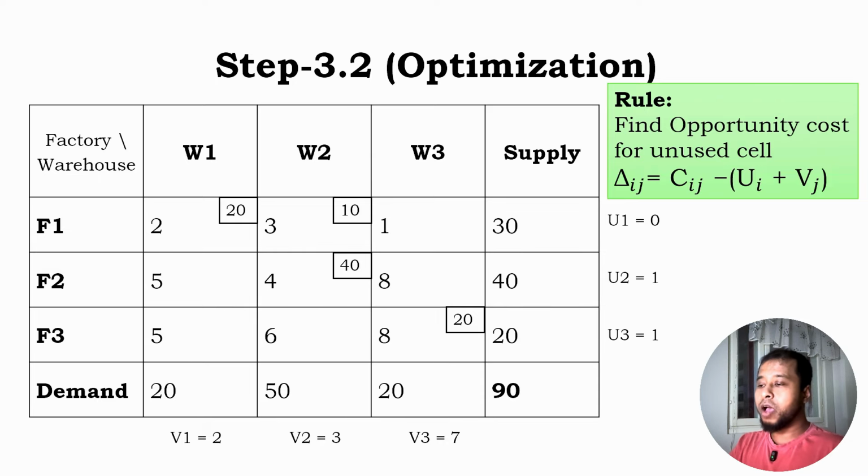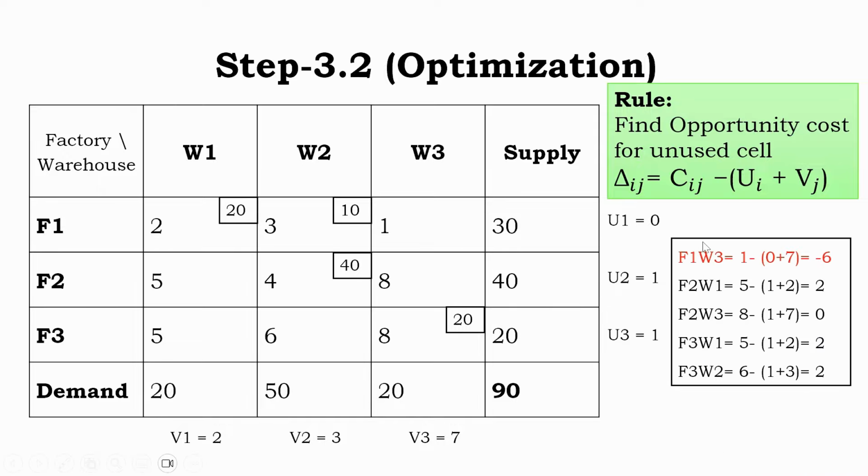If those cells have any negative value, then that means we need to shift our units to that cell to get an optimum value. F1W3 equals 1 minus (U plus V), that is 1 minus (0 plus 7), which is minus 6.